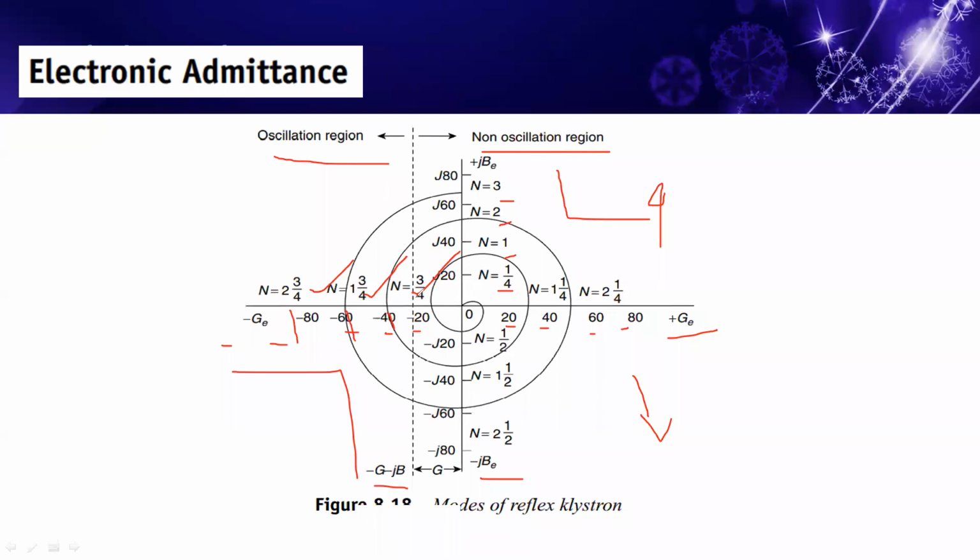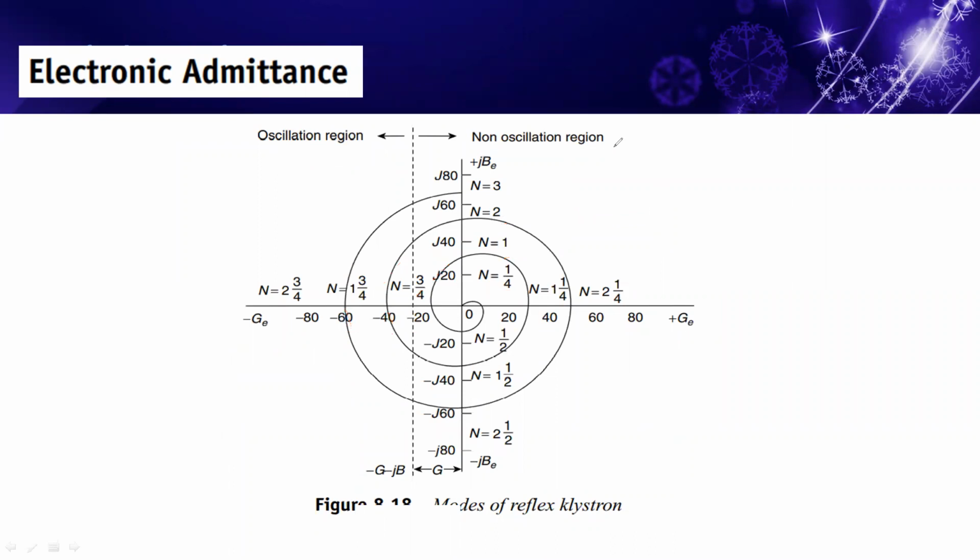This is the modes of the reflex klystron implementation. This picture indicates the modes of the reflex klystron. It is a very important diagram to draw in the end examination.